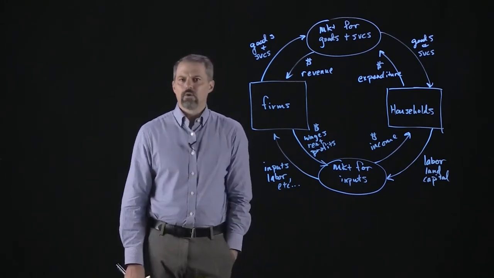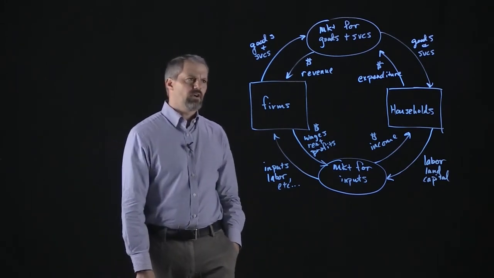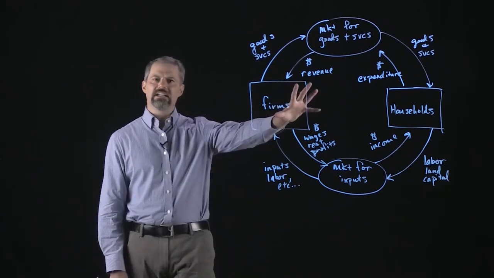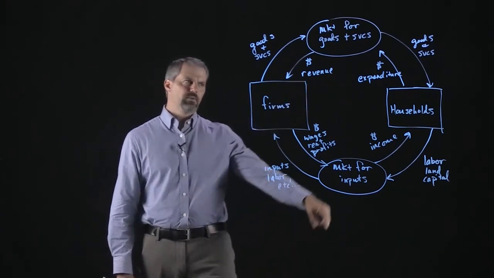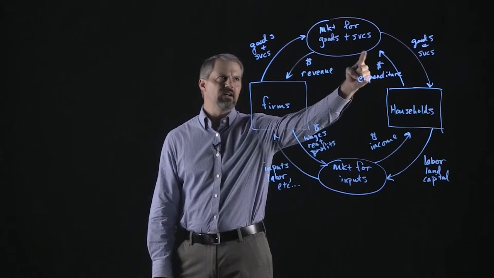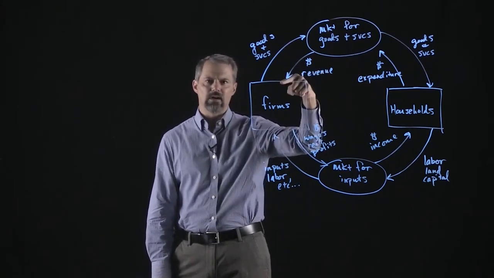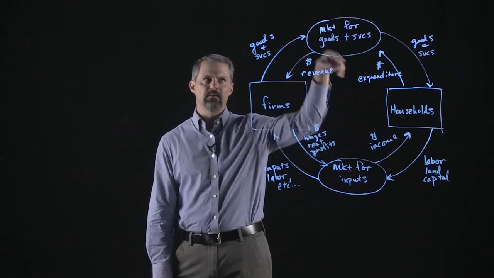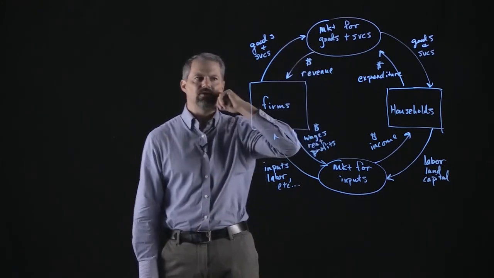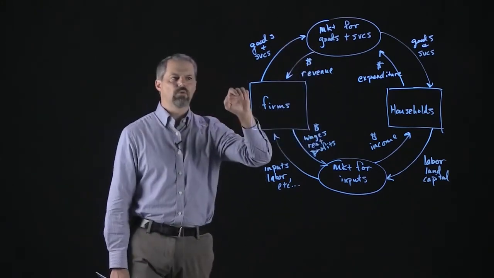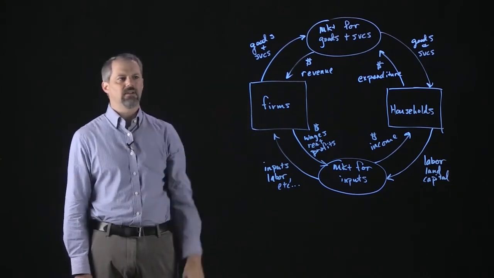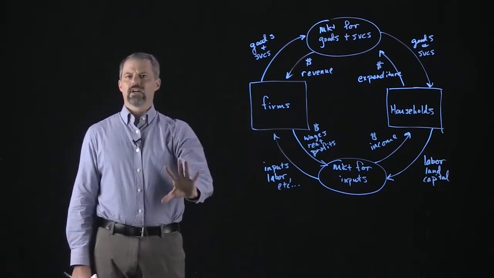So it's a nice simple way to start understanding how an economy works. It ignores several things. So we don't have in here any government. So the number of dollars that households spend on goods and services, not all of those dollars go as revenue into the firms. Some of them go as taxes into the government. So if we wanted to make this more realistic, we could include a government. We don't have any other countries.